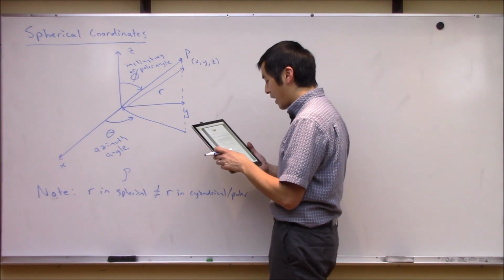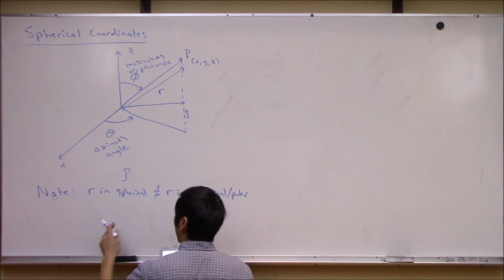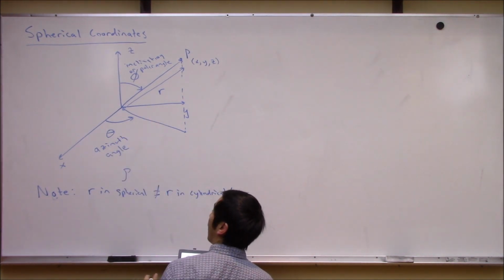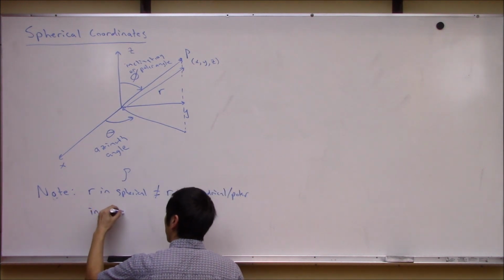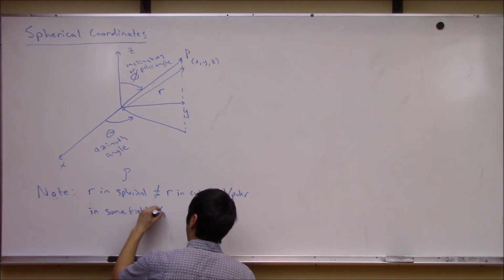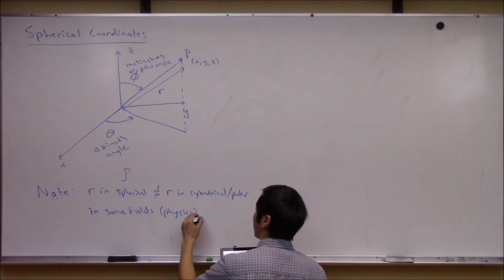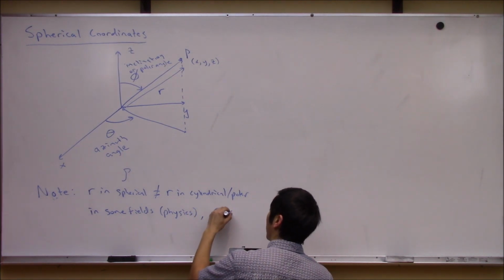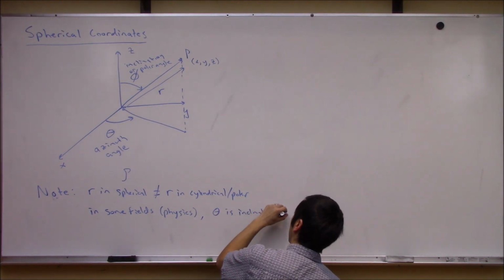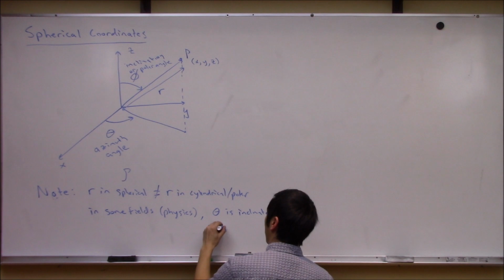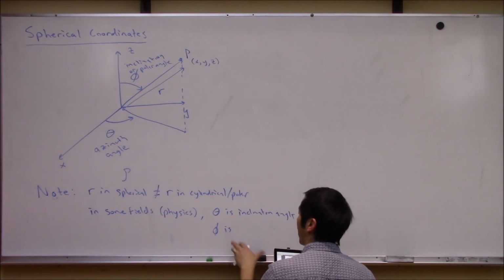What I mean by that is, to further complicate matters, in a lot of cases the definitions of theta and phi are switched. In some fields, like physics, a lot of times if you read the notation, you're going to see theta is the inclination angle, and phi is the azimuth angle.